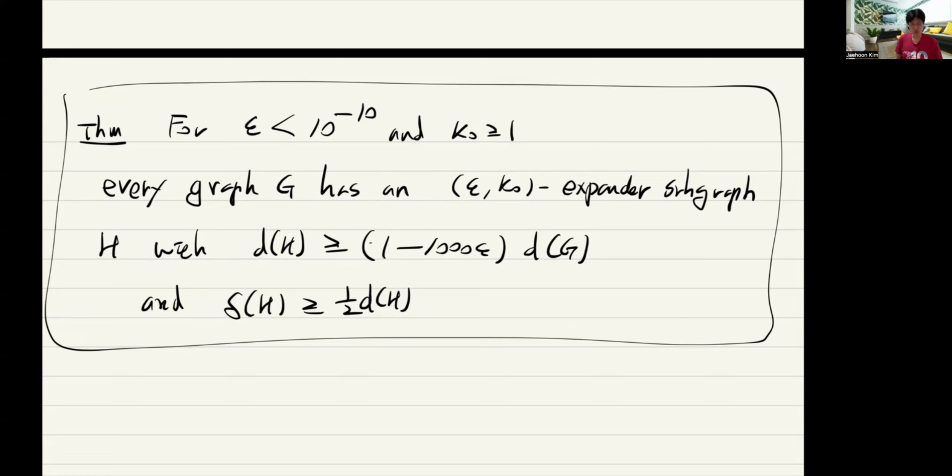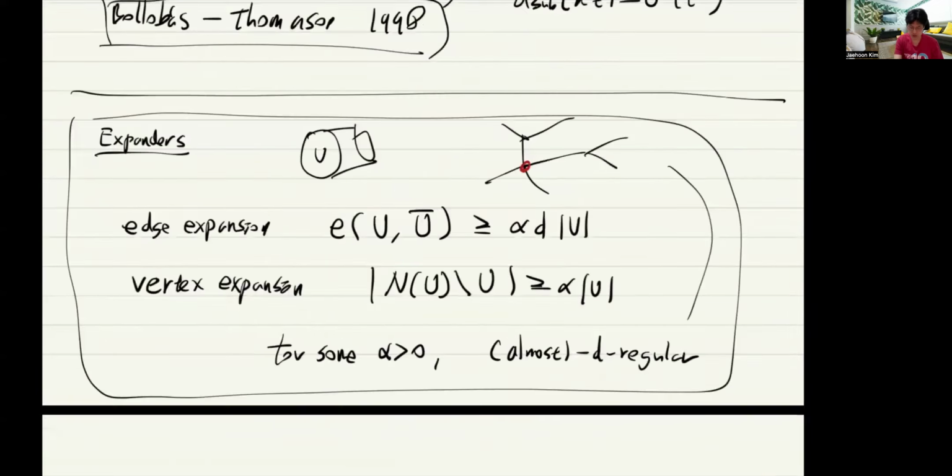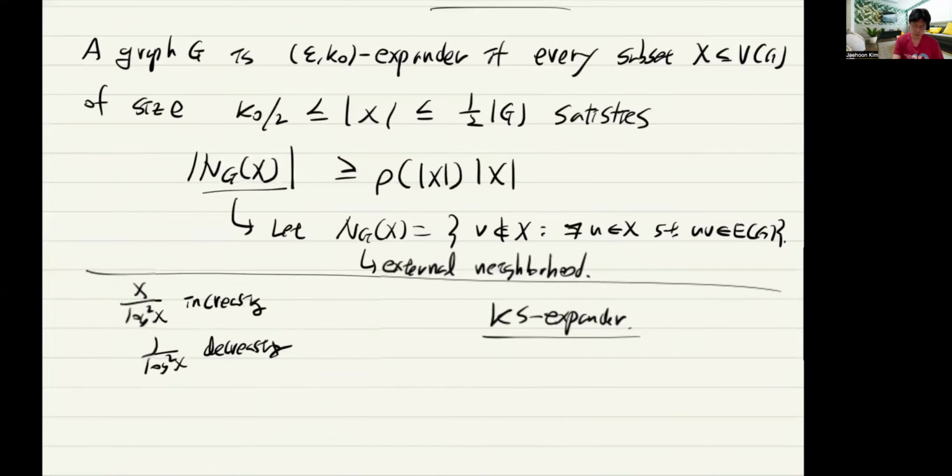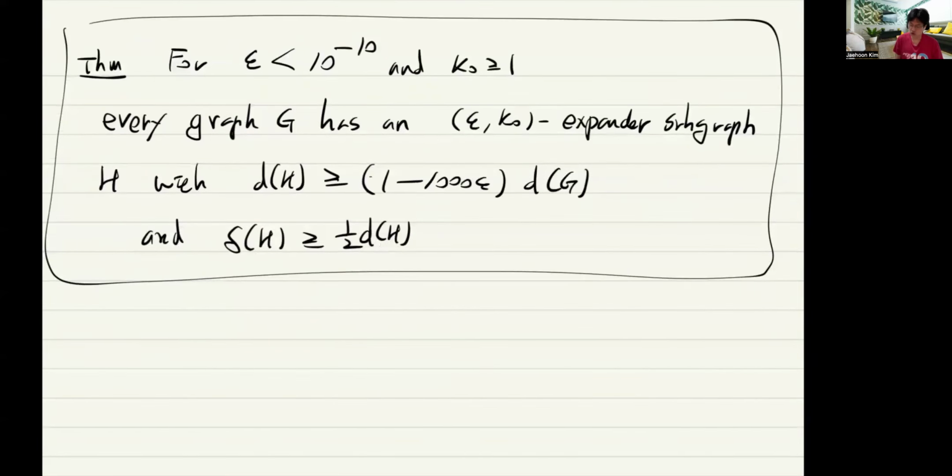So for such a type of problem, for a given average degree, can you find some substructure? For example, we want to know whether, if your average degree is at least some constant times t squared, you can find the K_t subdivision. There it's useful.